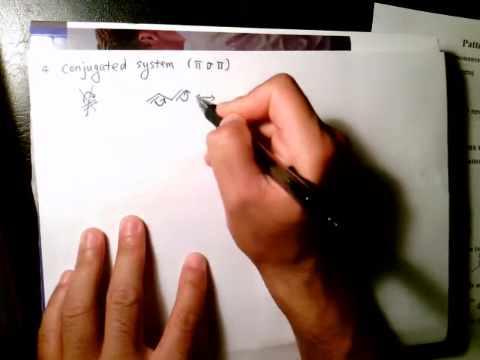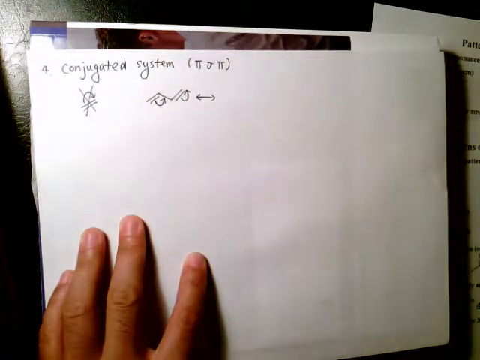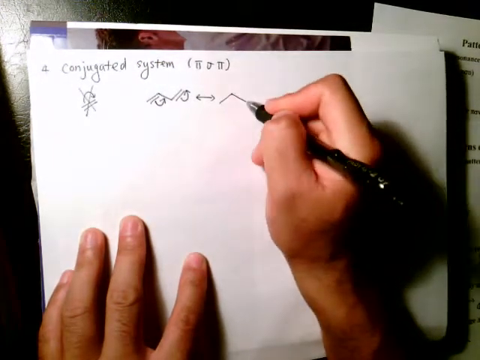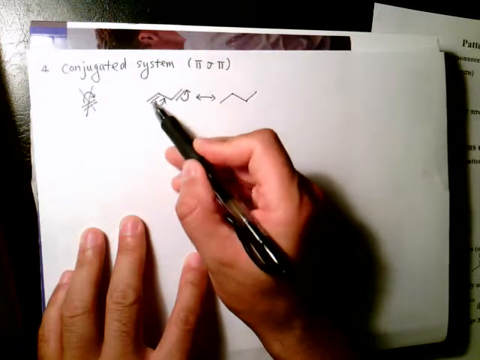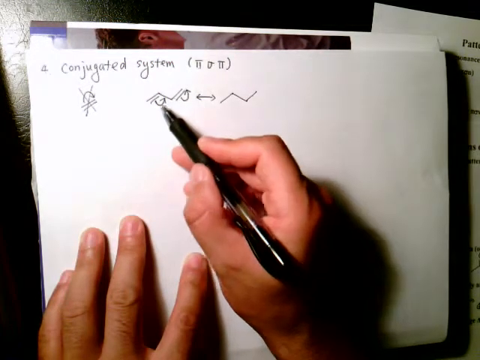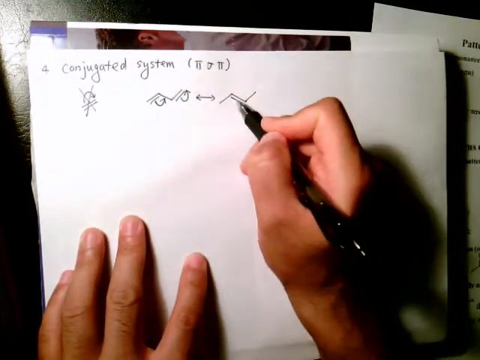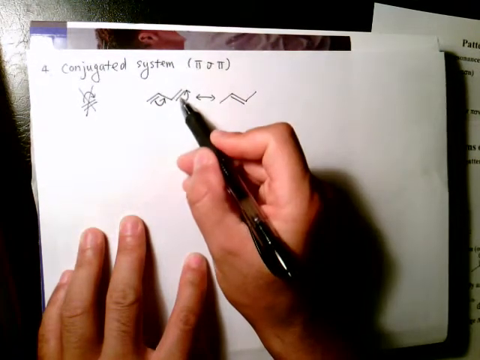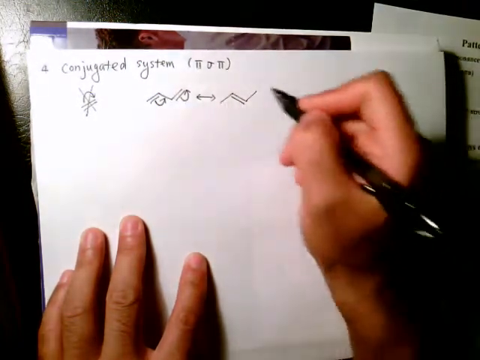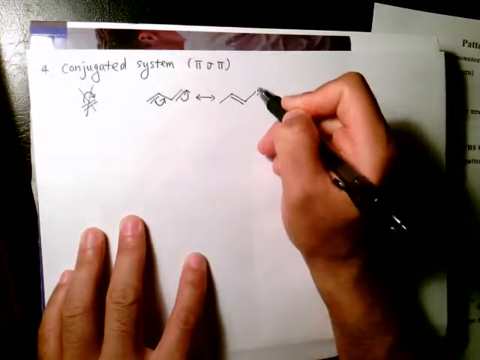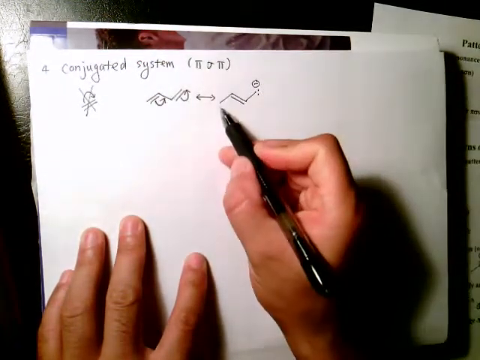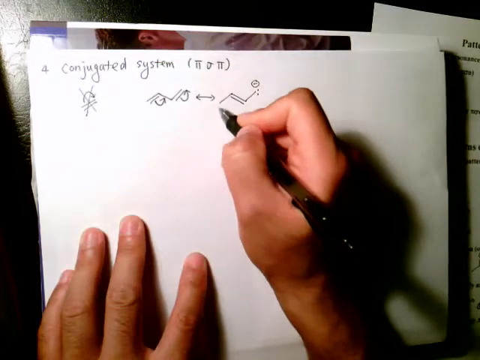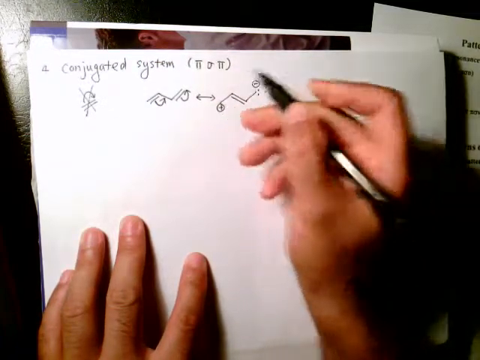So now if we draw the new resonance structure, we first put our skeletal structure. That double bond initially there is broken and moved one spot over to here, and that double bond is broken, and those 2 electrons become a lone pair on that carbon with a -1 formal charge. At the same time, this carbon becomes positive.